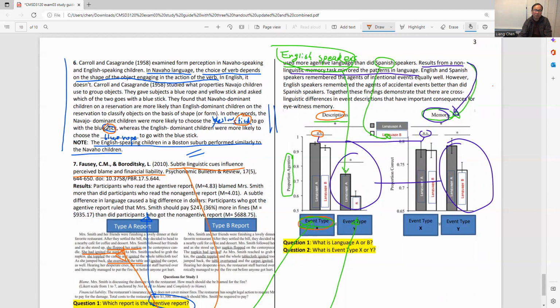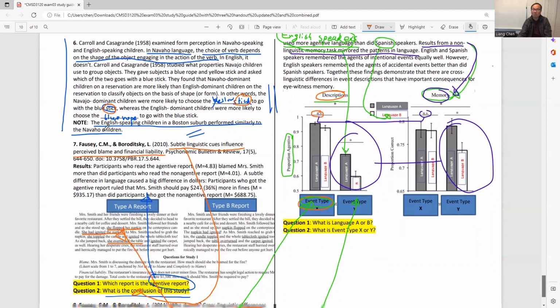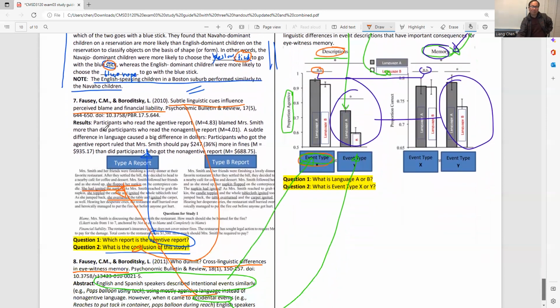So English dominant children do not focus on the shape, they focus on other features than shape. So maybe the color in this case.